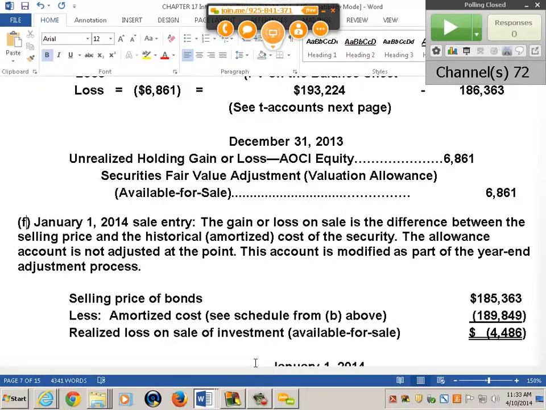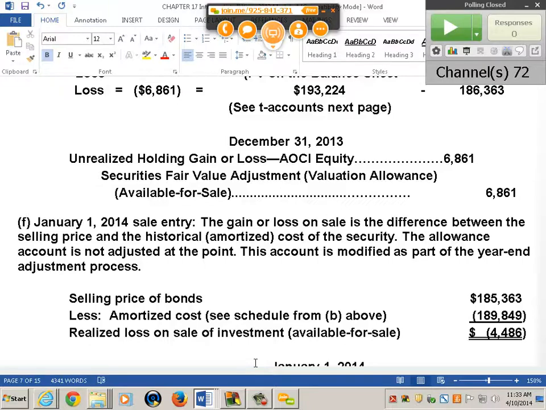In our example, the information provided tells us that we sell the security on January 1 of the very next year at 185,363.